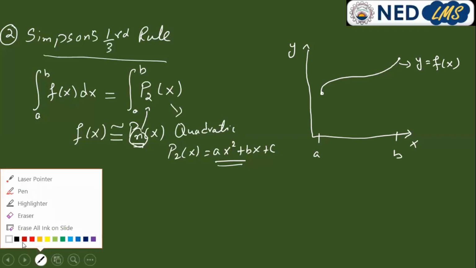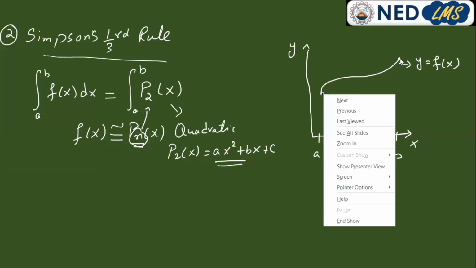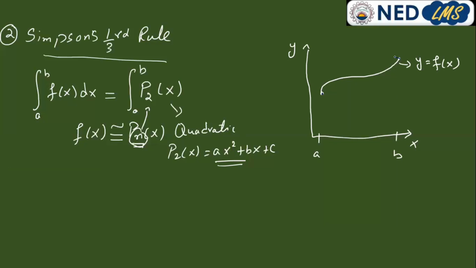For example, with the blue color I am representing a polynomial of degree 2, but it must pass through the endpoints. That is the condition. So this blue function is basically a polynomial of degree 2.